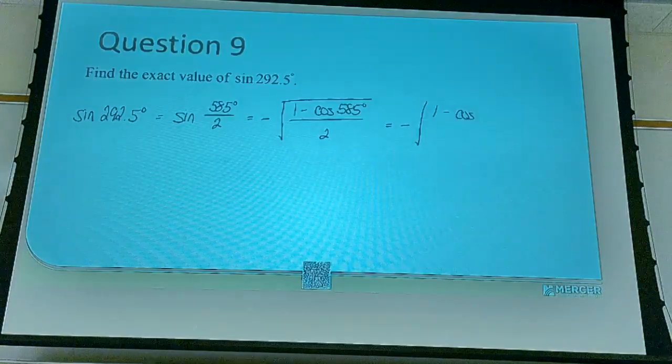585 is beyond 360. Find the coterminal angle. 585 minus 360 is 225 degrees. And 225 is on the unit circle.